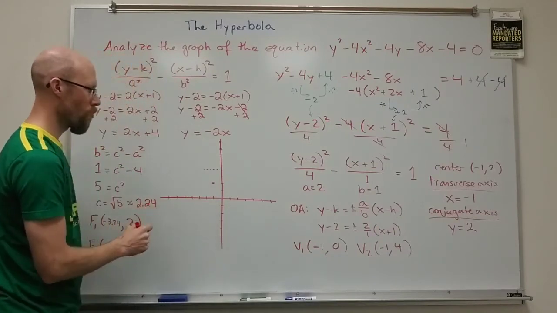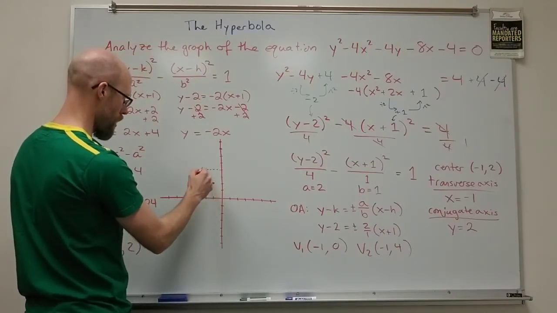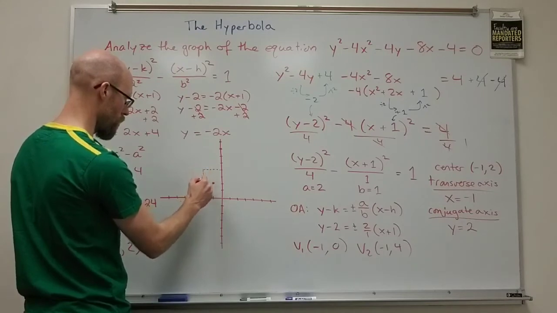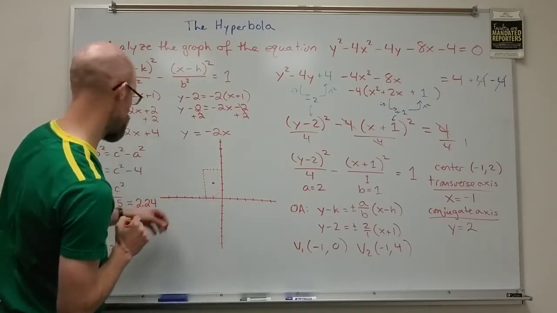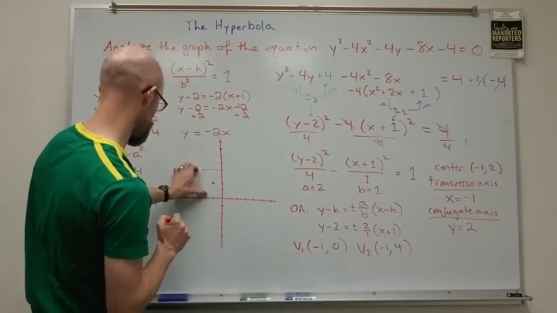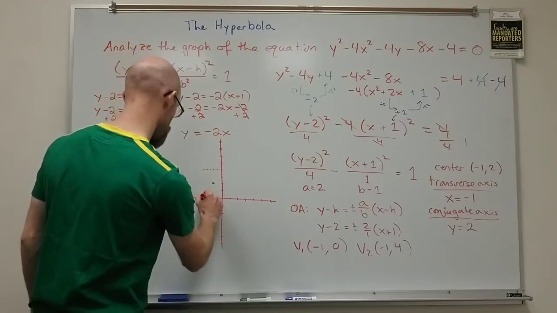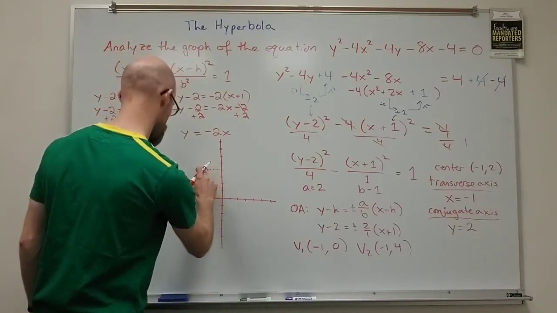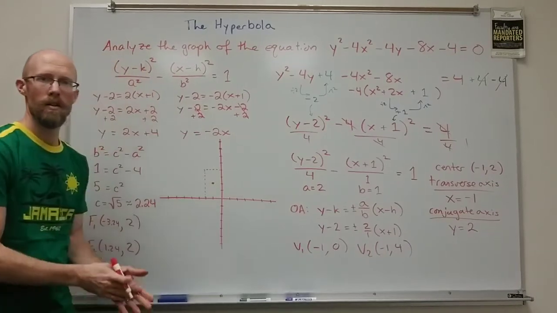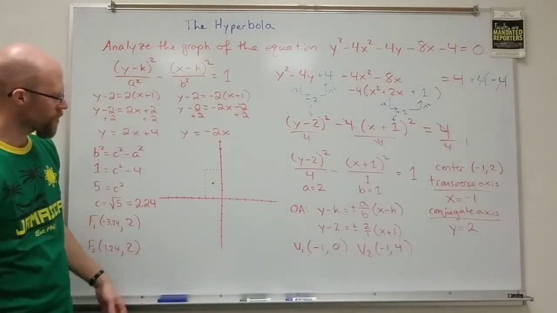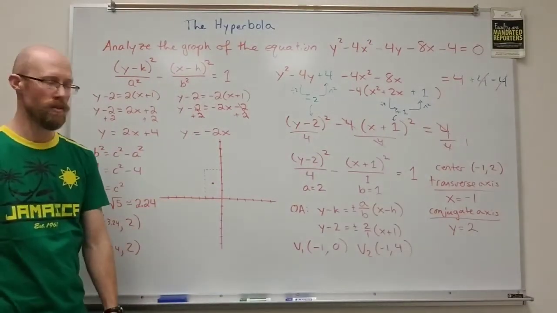And left and right 1, that puts us at 0 and at -2. Oh, that's not really very vertical. Let's get that in nicely. Okay, so there's my box, and then I connect the diagonals.